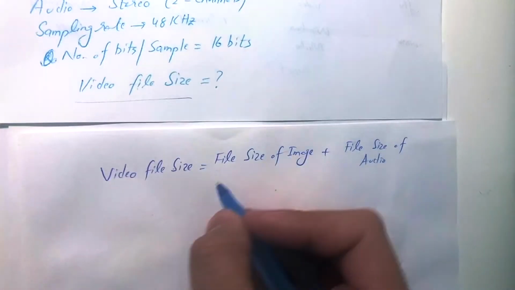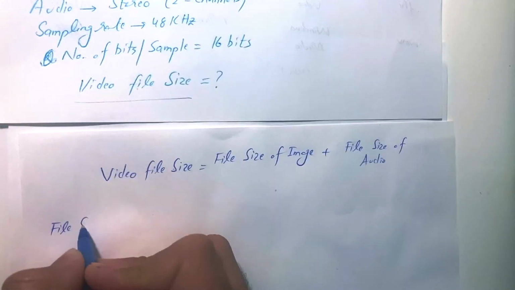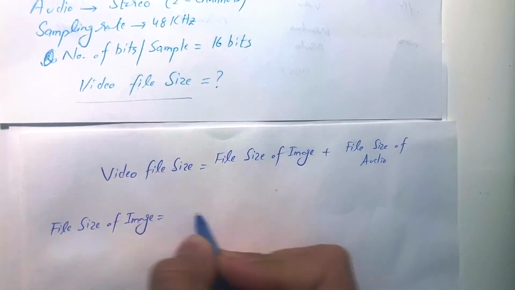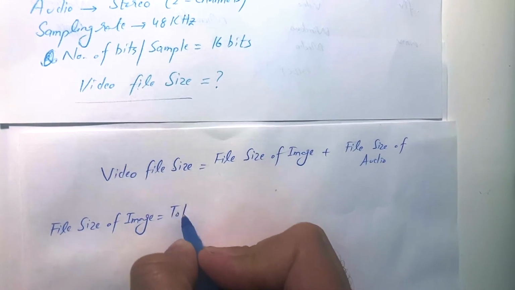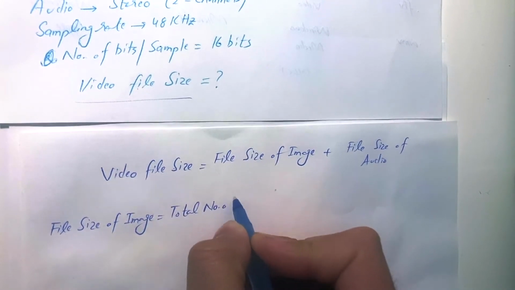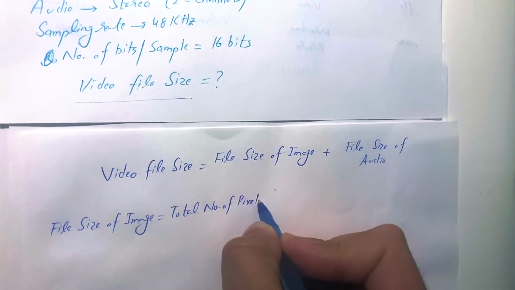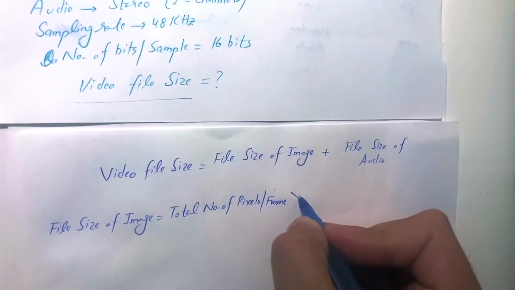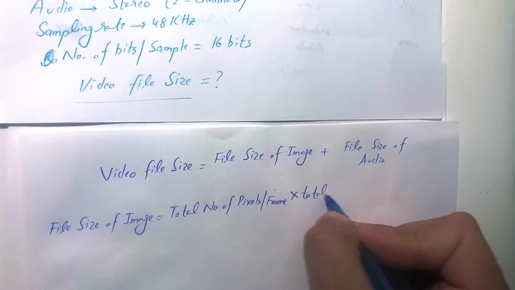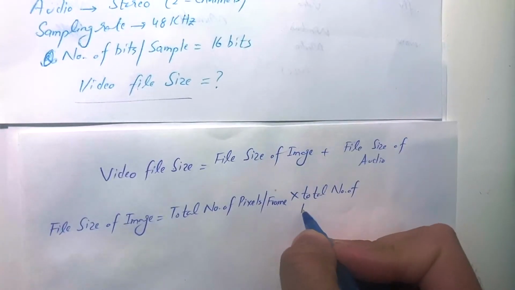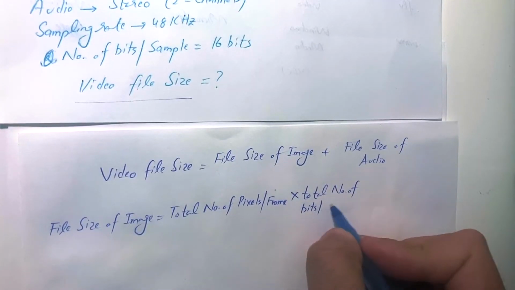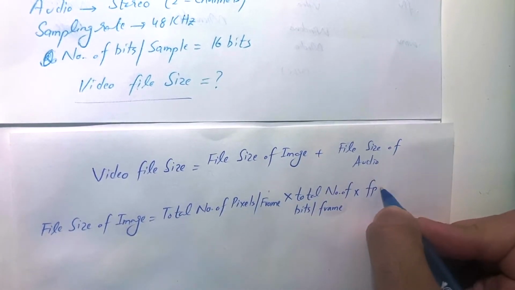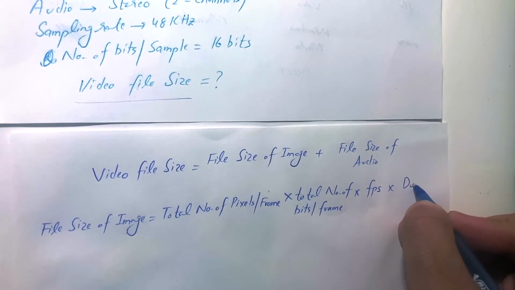The formula is: total number of pixels per frame, like in one frame how many pixels, multiplied by total number of bits per pixel, multiplied by frames per second, multiplied by the duration of the video.